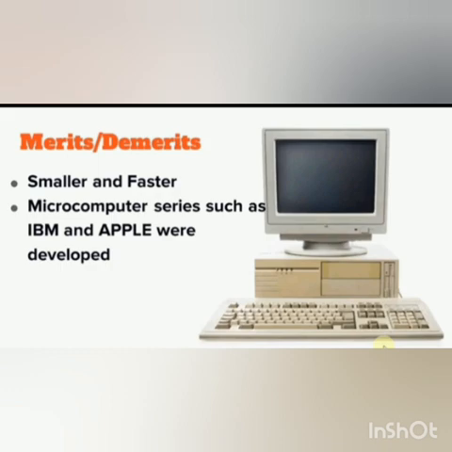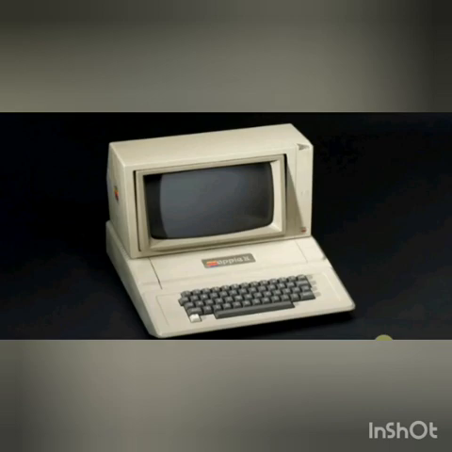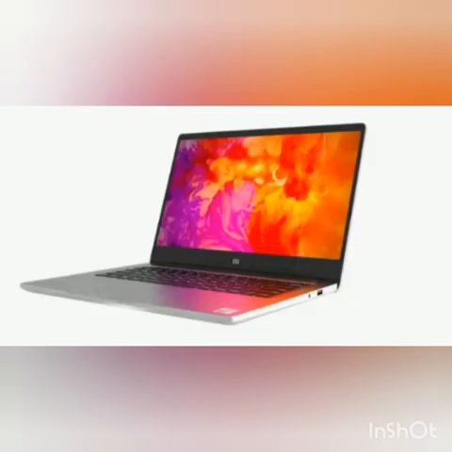microcomputers were introduced in this fourth generation. Microcomputer series such as IBM and Apple were developed. This is the image of IBM computer and this is the image of Apple computer. The next merit is portable computers were introduced. Portable means we can easily carry from one place to another place, that is laptop computer.